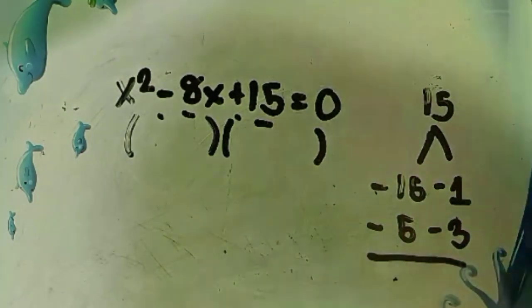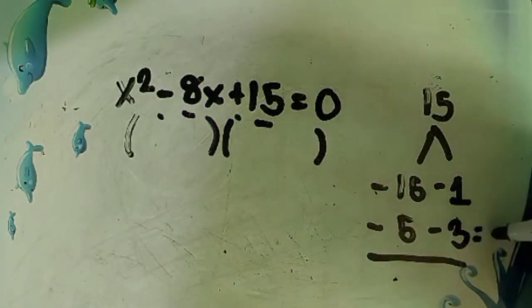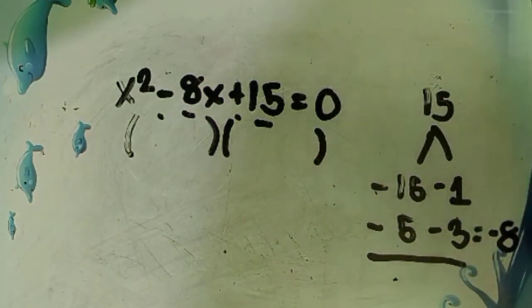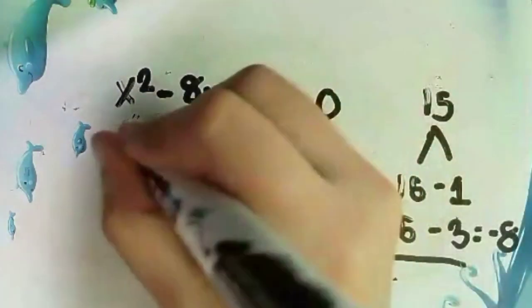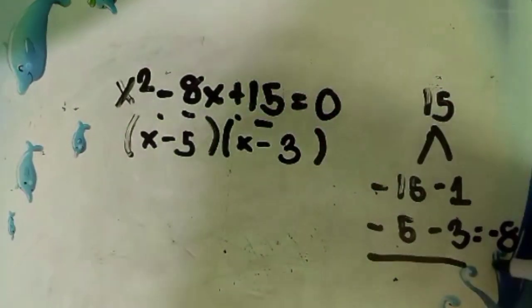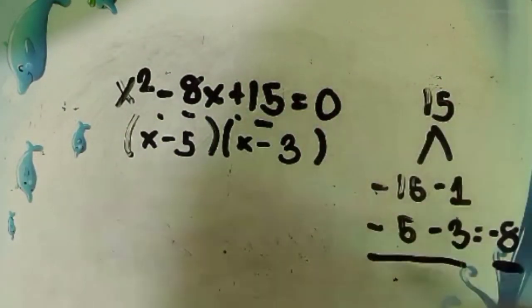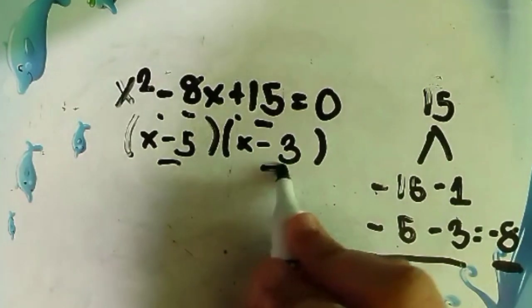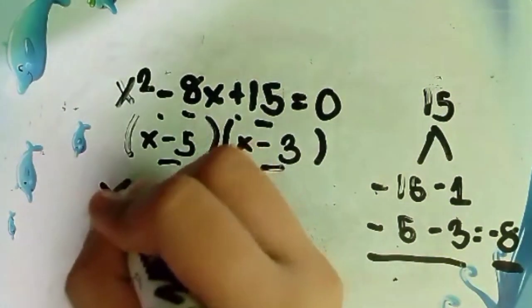We will choose negative 5 and negative 3 because they add up to negative 8. So the factors are x minus 5 and x minus 3.